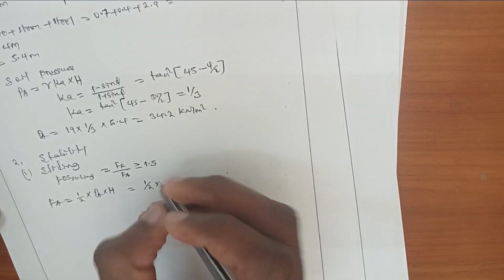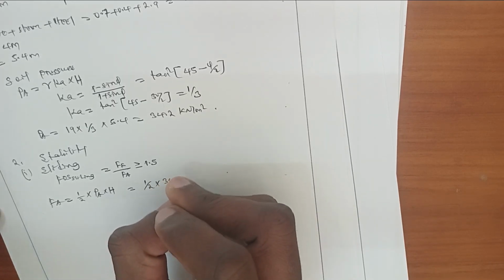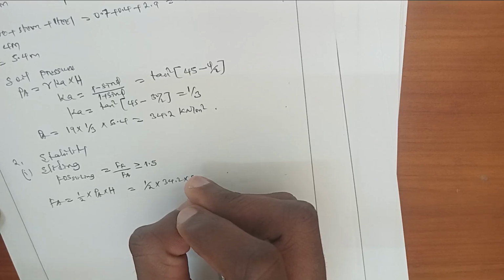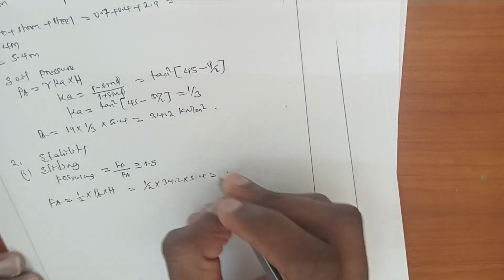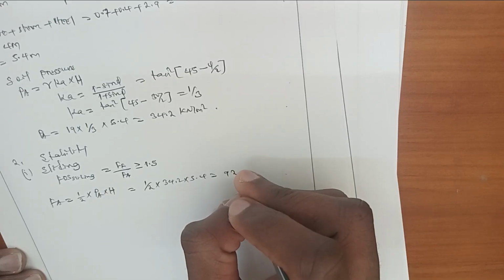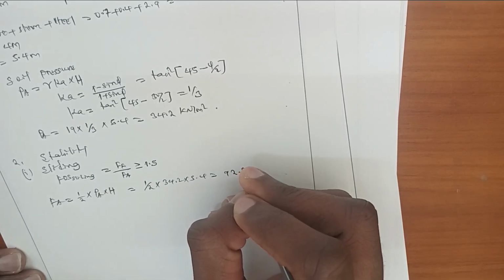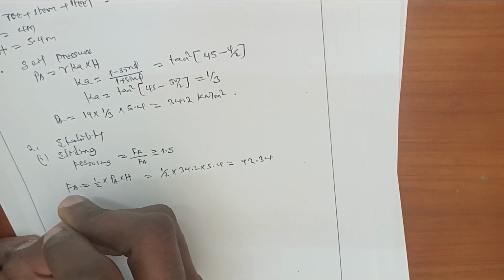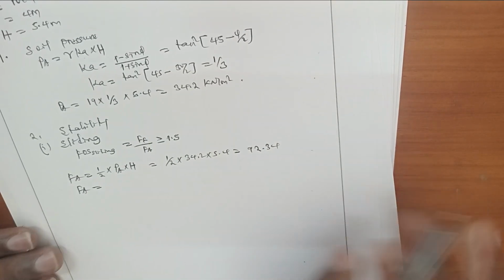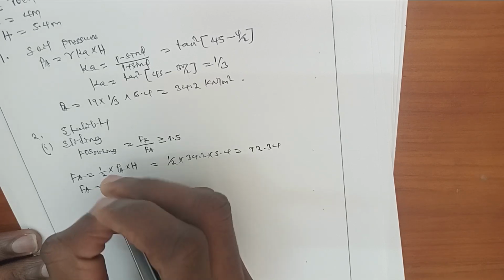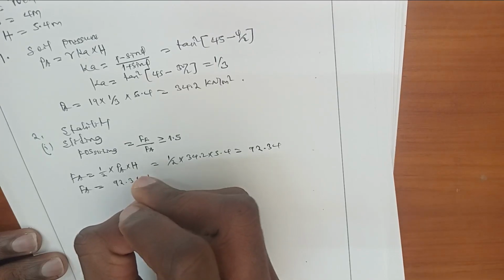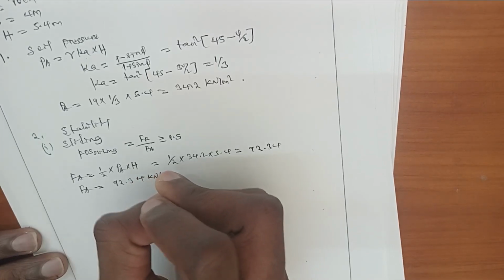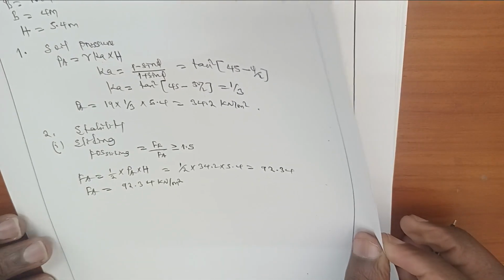So when we multiply, it will be equal to a half times the active pressure, which is 34.2, times H, which is 5.4. It will be equal to 0.5 times 34.2 times 5.4, which is 92.34. Now, the horizontal force due to the soil pressure will be equal to 92.34 kilonewton per meter.